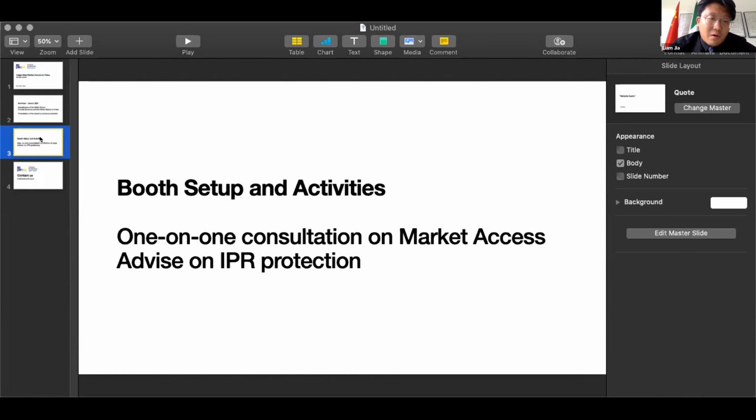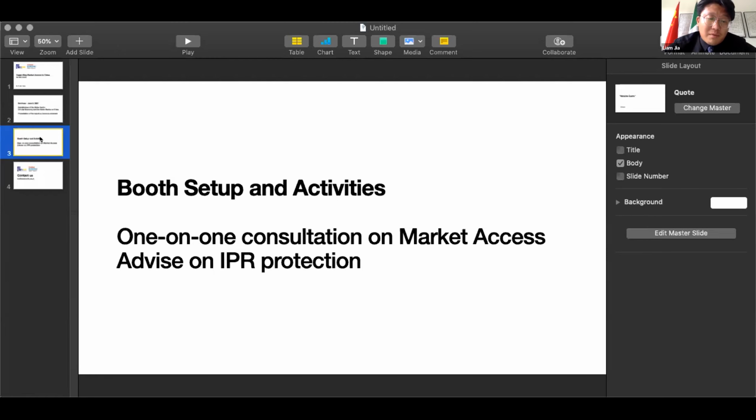At the same time, we're also going to have a physical setup, a small booth at the Aquatech, and several activities will be organized at the booth as well. That includes one-on-one consultation with the exhibitors on market access.